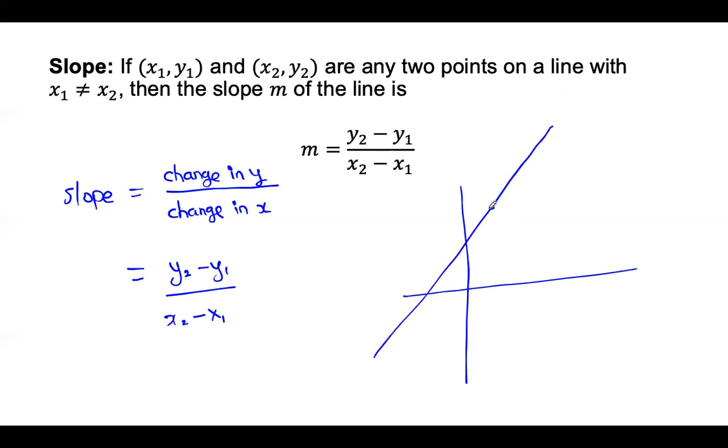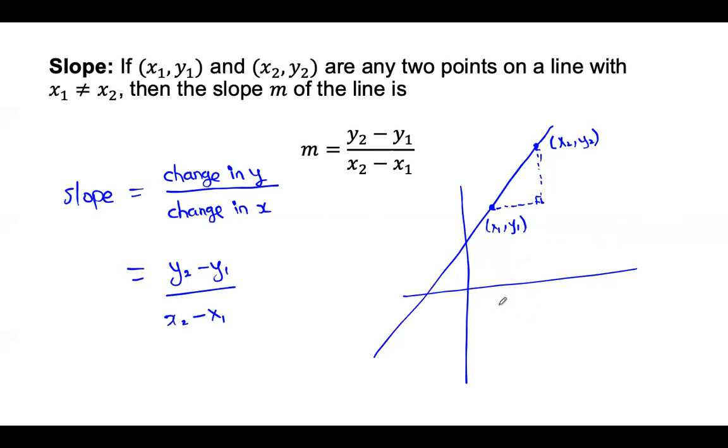And we can draw a little sketch to remember this. So you have a point here. So let's say this point is x1, y1. We have another point here. This is x2, y2. Can draw a little triangle. There we go.